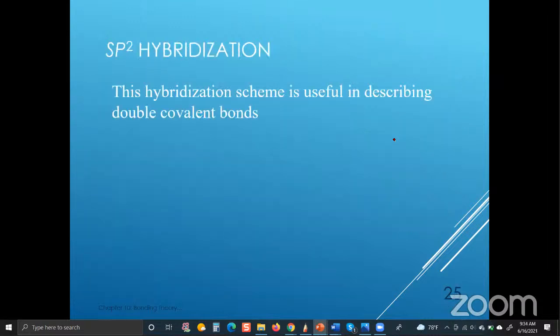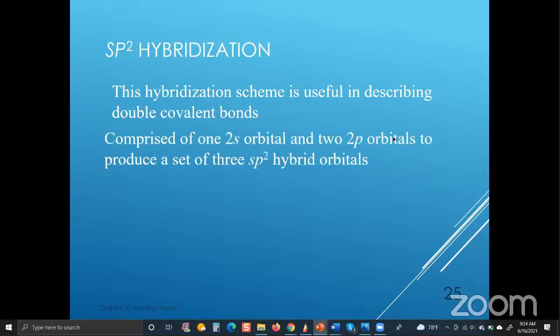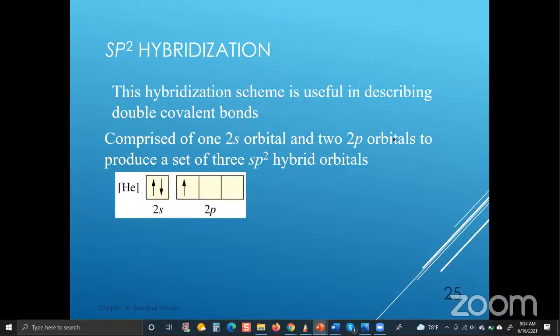Then we have another type of hybridization, which is called sp2 hybridization. And in that case, what happens, as the name suggests, is that one 2s orbital will overlap with 2 of the 2p orbitals to form a set of 3 sp2 orbitals.